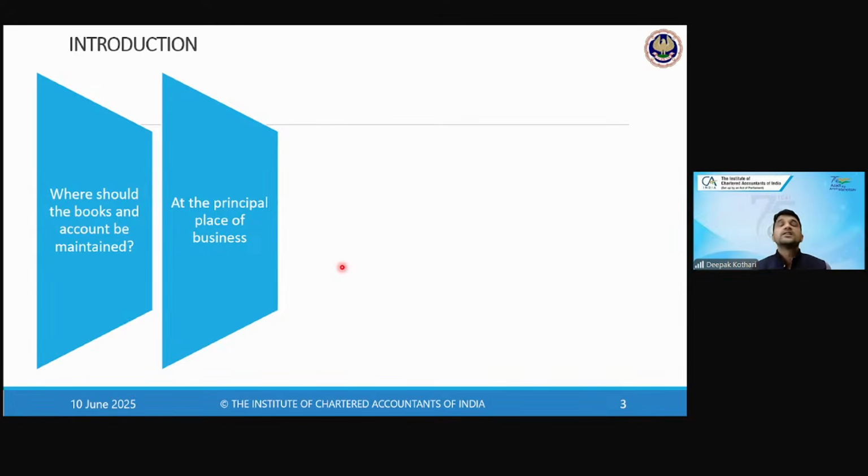Correct. So in the registration certificate, you have an option when you apply for registration. You have an option to select principal place of business and additional place of business. So that place where you have taken the registration directly and called it the main principal place of business, that will become the principal place of business.